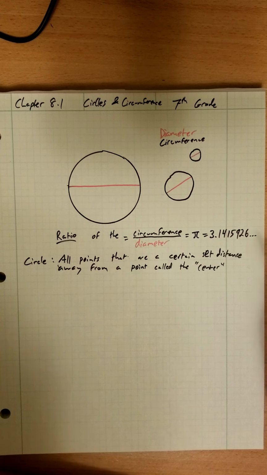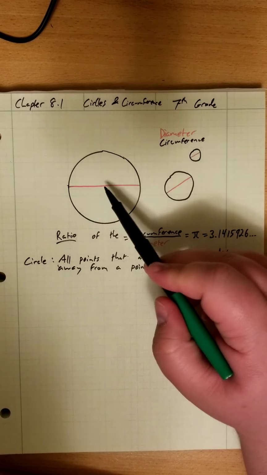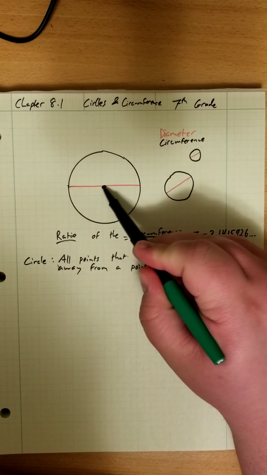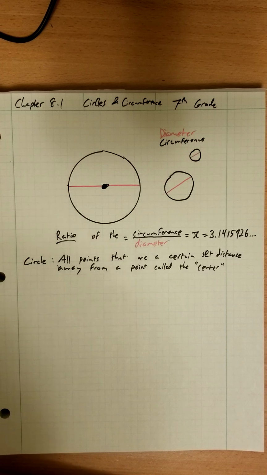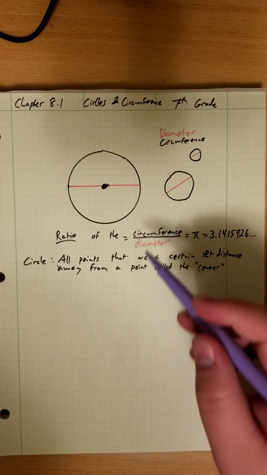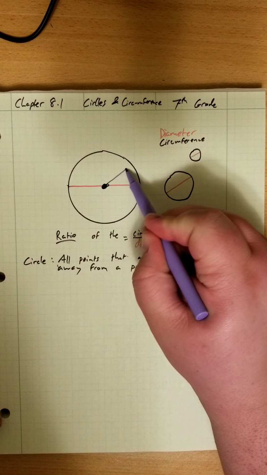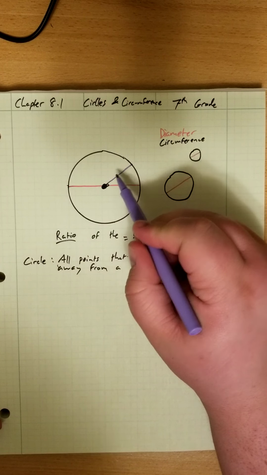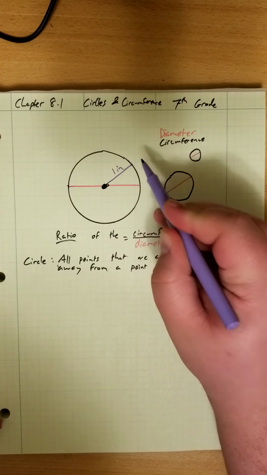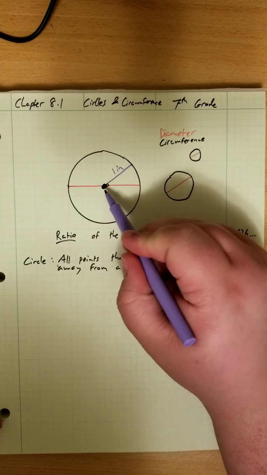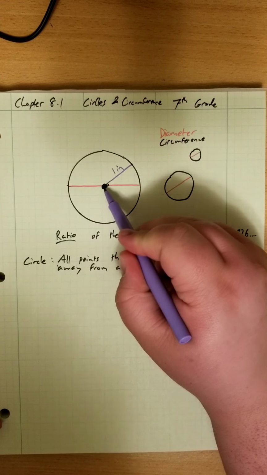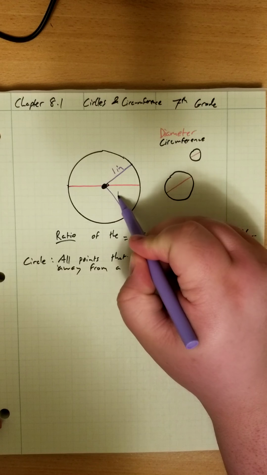So for this circle up here, all the points that are this far away from that center, so let's say this is 1 inch, every point that is an inch away from the center, so if I go in any random direction, if I go this direction, that's 1 inch.